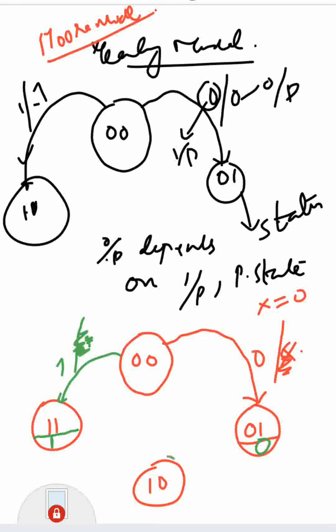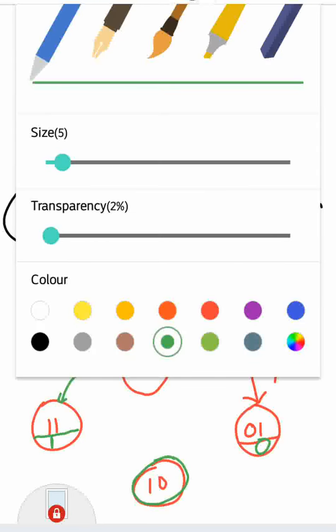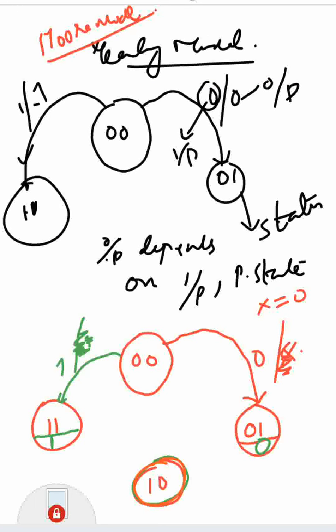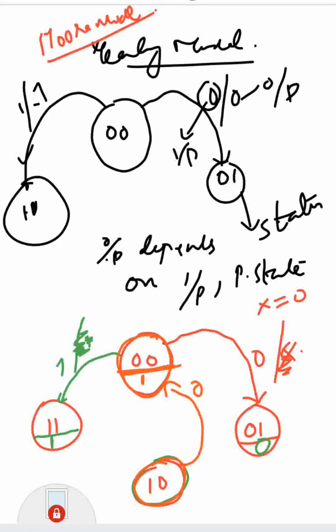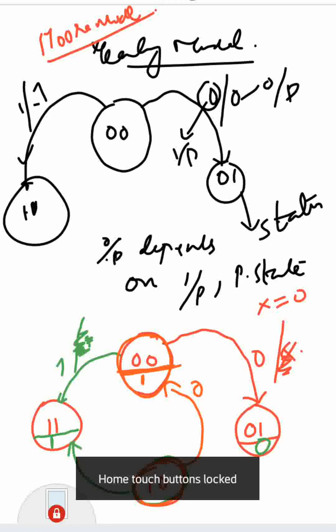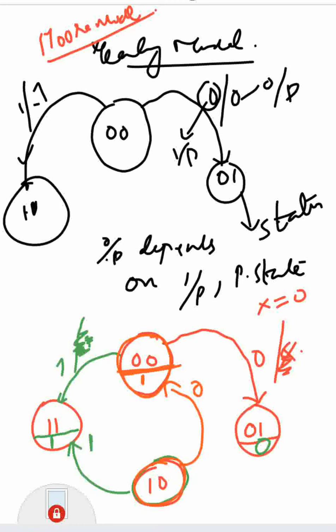Now one more case I am writing. At this state 1,0, if x equal to 0, it goes to state 0,0, and you are representing the output here in its state. We are saying the output is 1 here. At the same time, if x equal to 1, we are saying that it goes to the next state where the output is defined as 1.